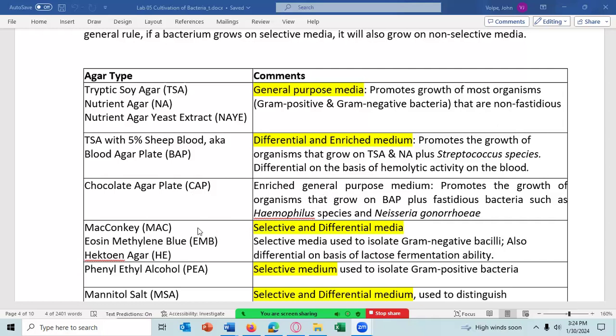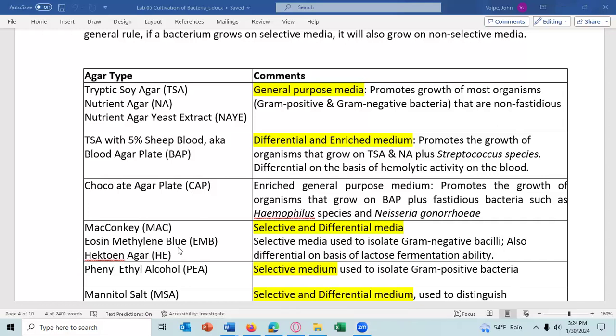And then there's MAC or MacConkey's, EMB or eosin methylene blue, and Hektoen agar or HE. These are both selective and differential media. They are selective, all three of them, in that they can grow gram-negative bacilli. So they select for gram-negative cells, particularly gram-negative bacilli.